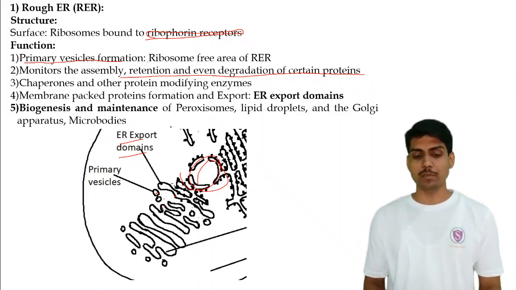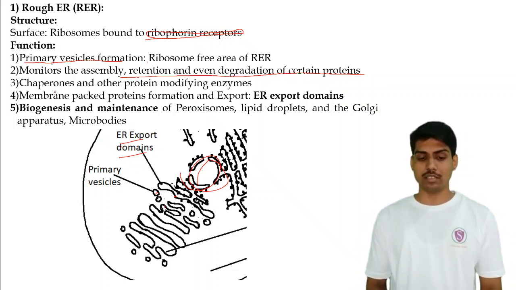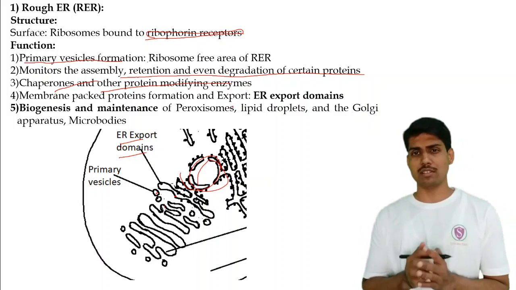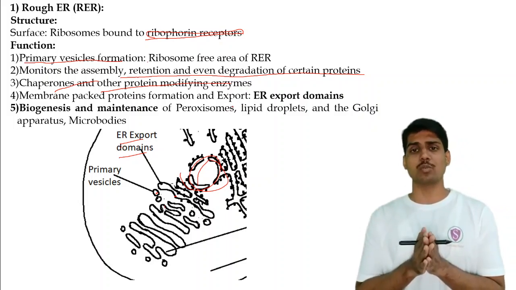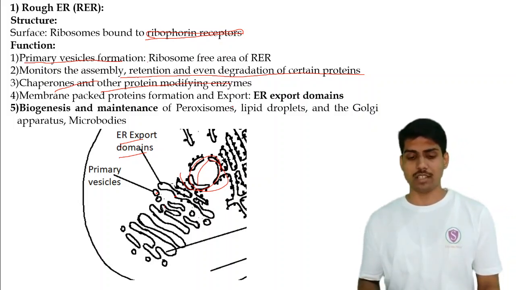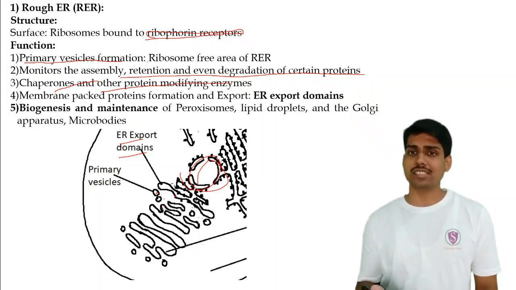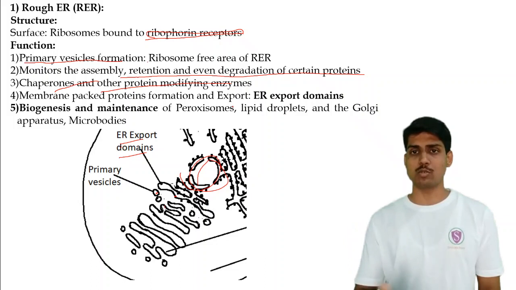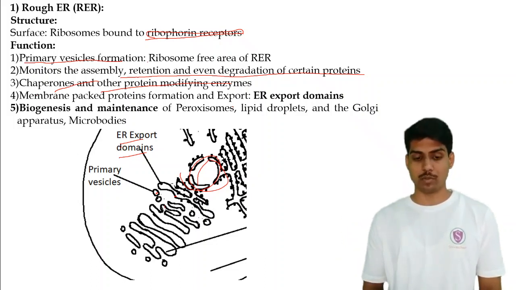The next part is chaperones and other protein modifying enzymes. They do modifying or quality control work. They store some proteins and degrade or modify some proteins into a usable form. Those are called chaperones, and they are present inside the endoplasmic reticulum.